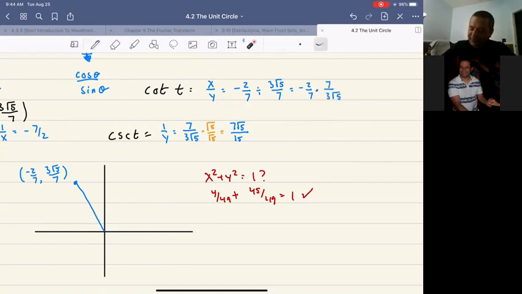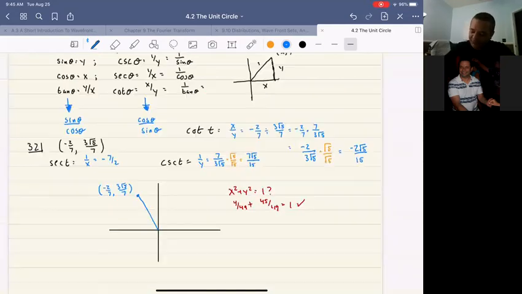My 7's cancel. So I get negative 2 over 3 root 5. Again, I'm going to have to do this rationalization. So I'm going to have to multiply by square root of 5 over square root of 5 on the numerator and denominator. And I get negative 2 root 5 over 15.